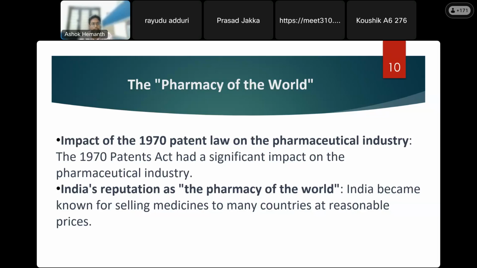And also India is the pharmacy of the world. Before we brought these TRIPS changes, there were no product patents for pharmaceutical or food products, and especially for the agrochemical industry like pesticides, and also for pharmaceuticals, because ours is a generic manufacturer. Generic manufacturing is very high in our country. That's the reason our country is also called the pharmacy of the world.